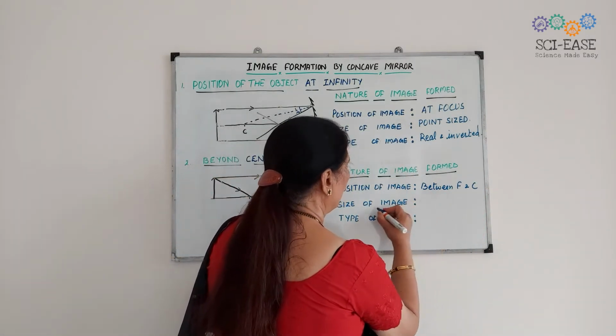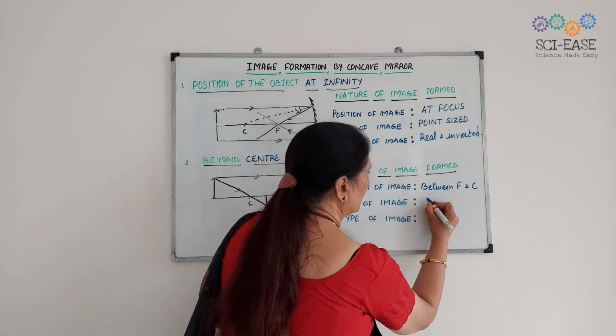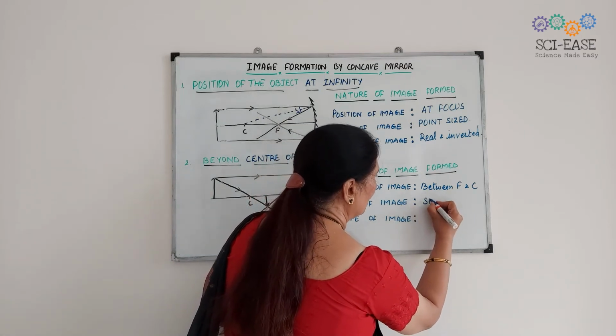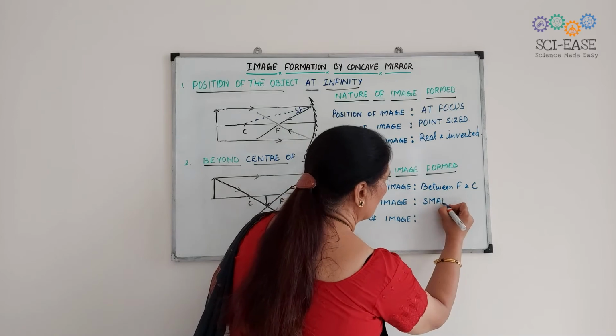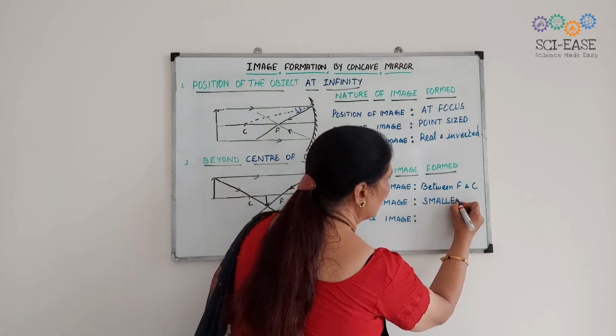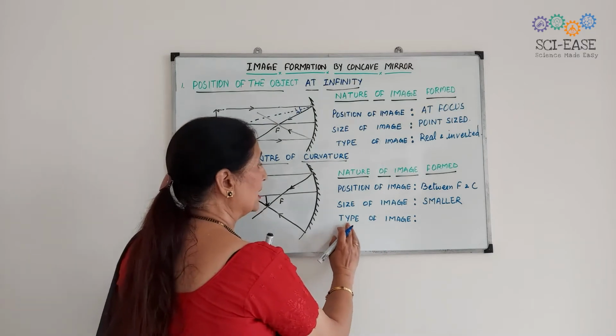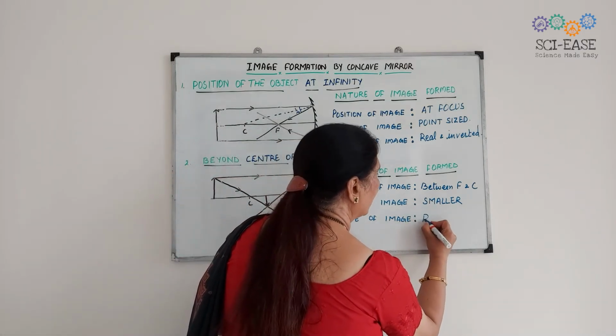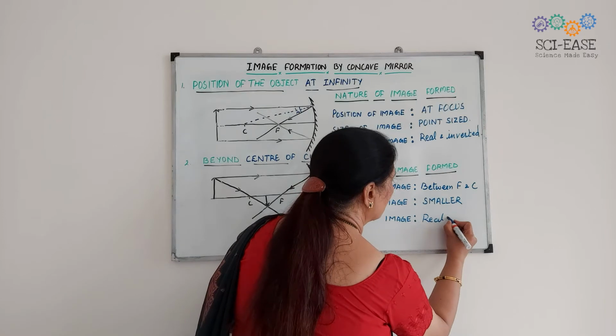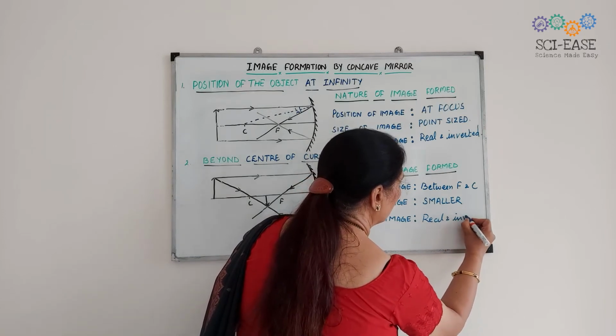Size of the image: smaller than the object, or diminished, you can say. Type of the image: it's again real and inverted.